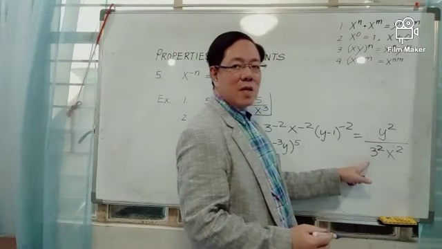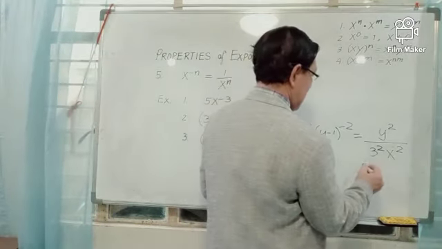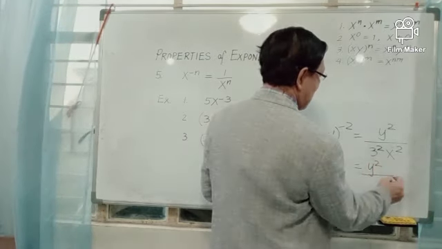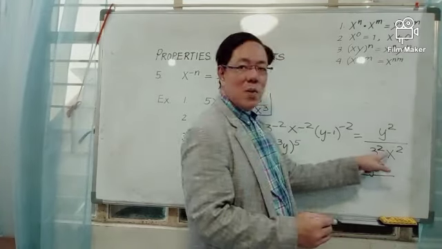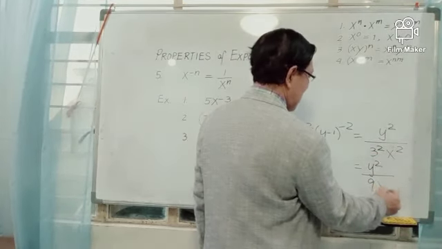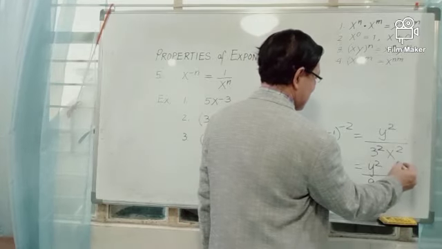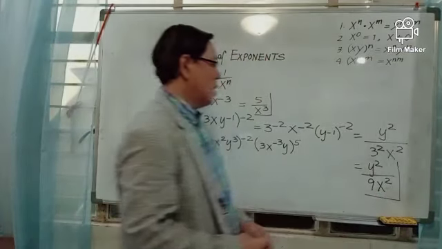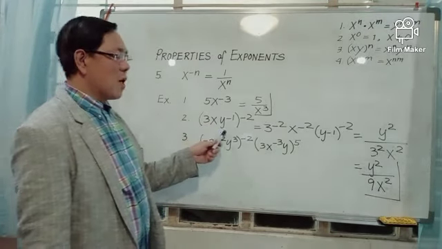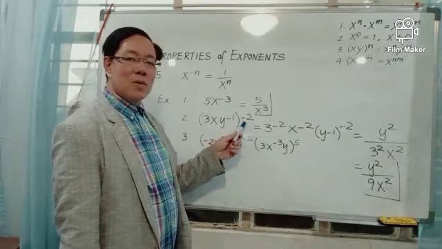And we simplify 3 squared. We get y squared in the numerator over 3 squared is 9, 9 multiplied by x squared. And that's the simplified form of 3xy raised to negative 1 raised to negative 2.